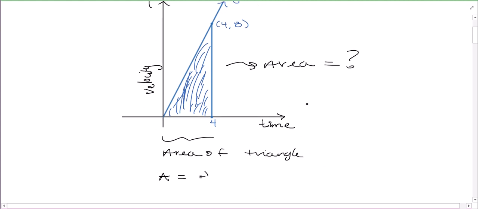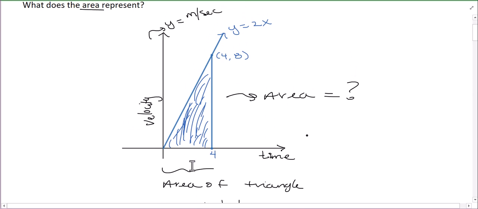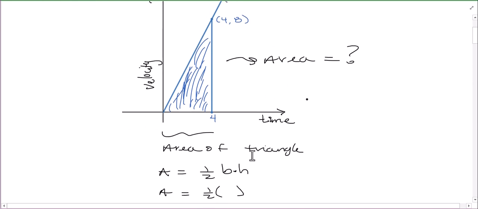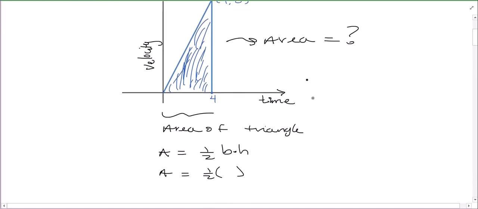The area of a triangle is 1/2 base times height. For this triangle, the area is 1/2 the base, which is 4 seconds. The velocity is given in meters per second, and this is time, so we're going to say time in seconds here.